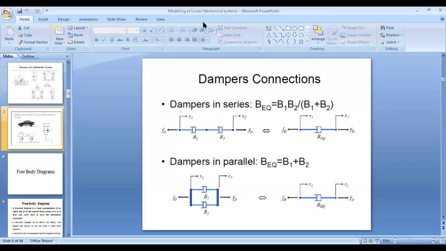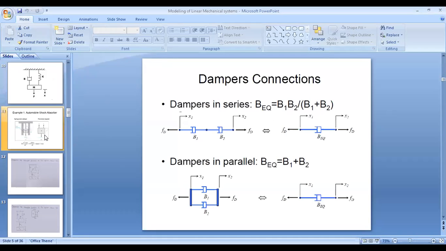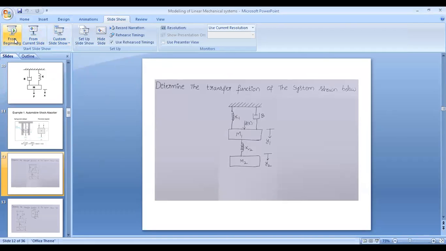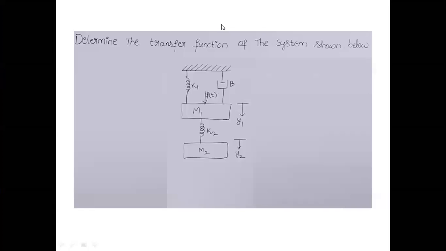Hello? Okay, thank you. Sir, in the previous problem we explained applying relevant physical laws. So let me take this particular problem. Can you see this?